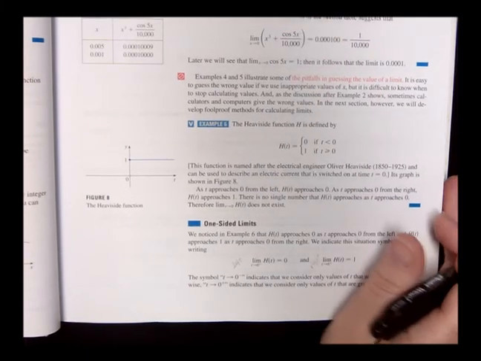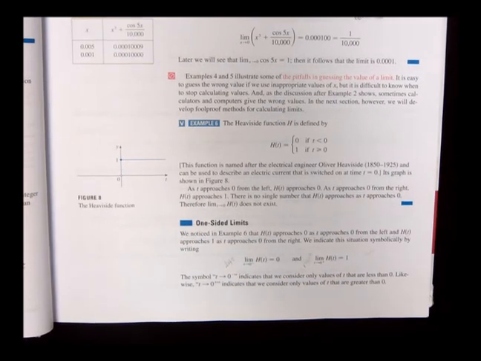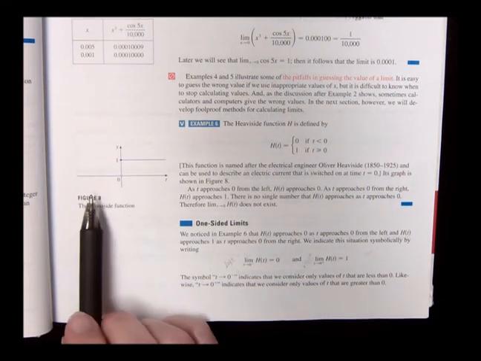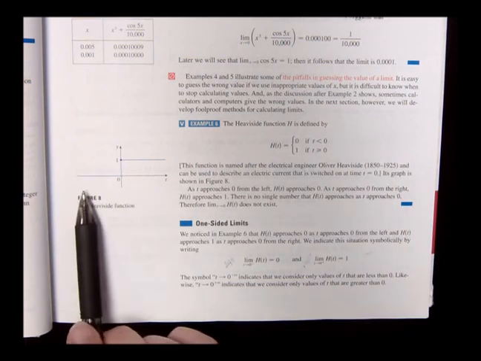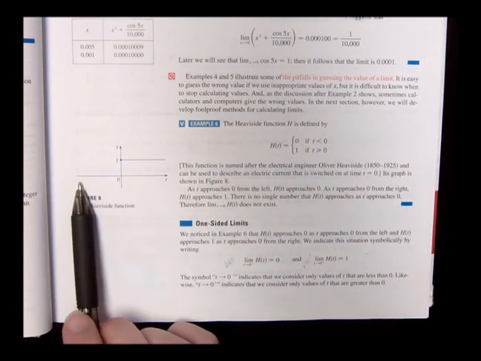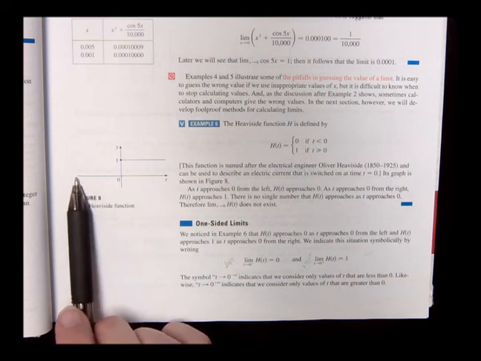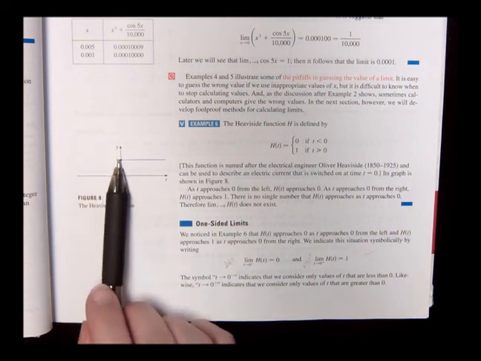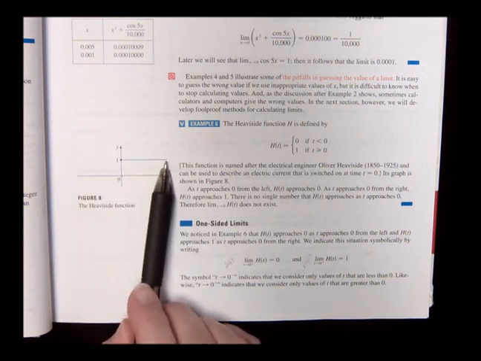Now, as we've been stressing through this so far, we have been looking at how it approaches the limit from the left and from the right. There are some pitfalls in that, because, for instance, let's take a look at this. This is a graph named after Oliver Heaviside, who was an electrician, and he said the current is going to be 0, 0, 0, 0, 0, and then you flip the light switch on, and then it's 1, 1, 1, 1, 1, all the way across.